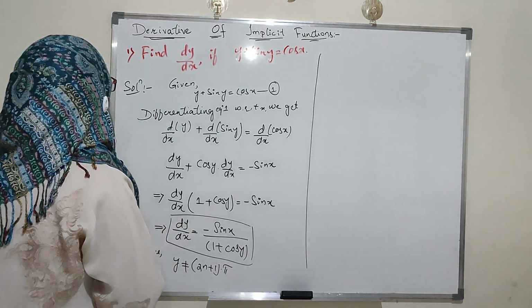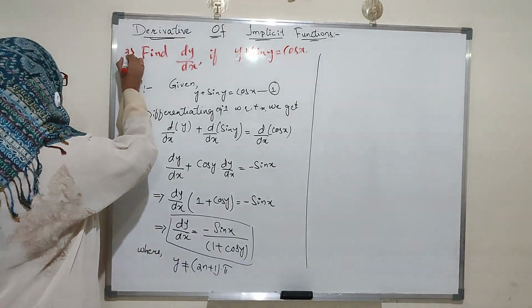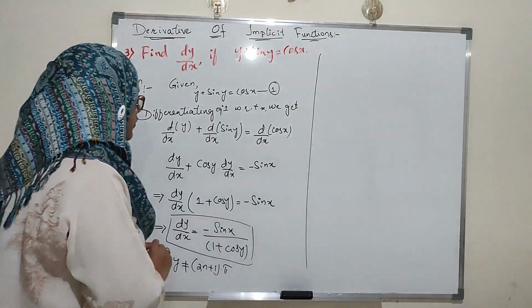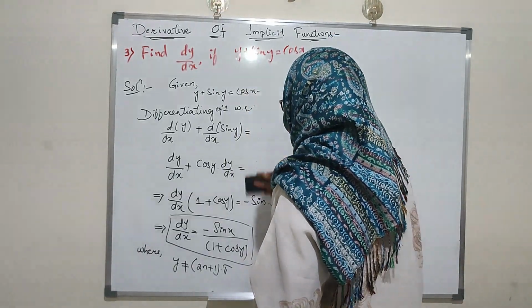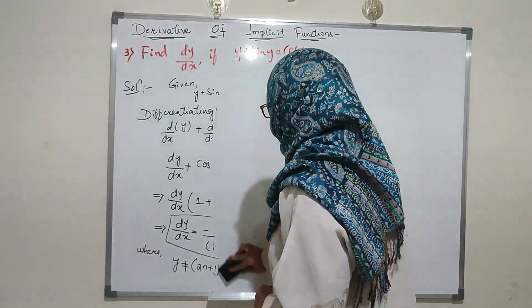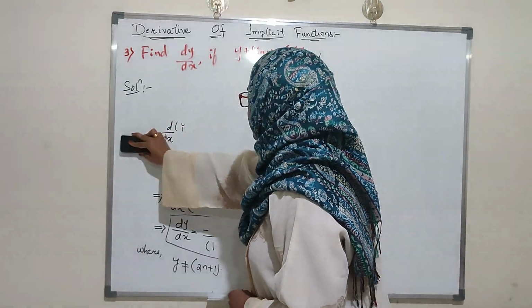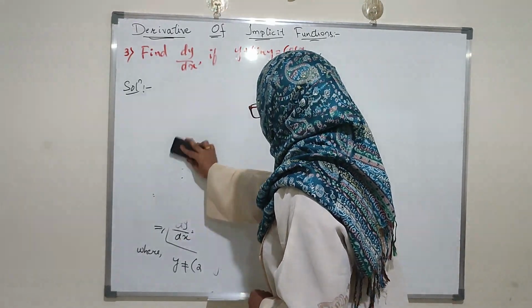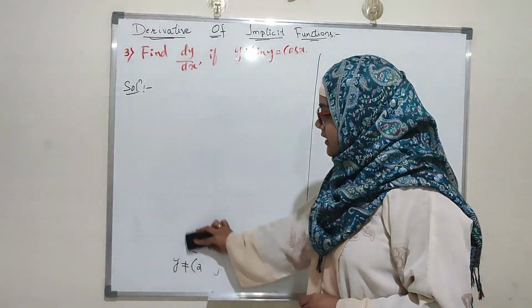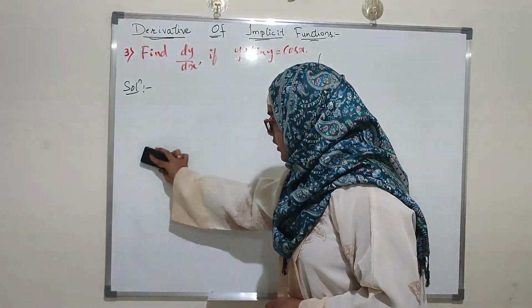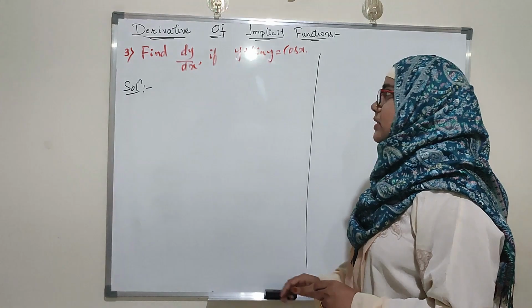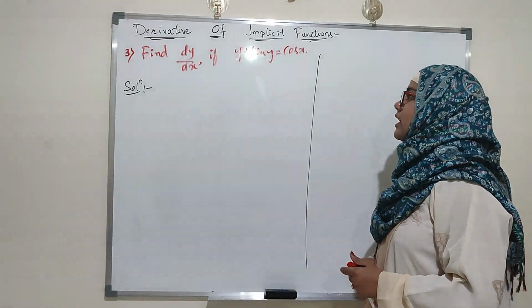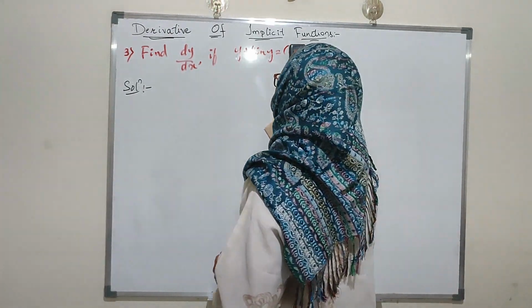Now write the third example. Now write down dy by dx if... it is also easy if you know the differentiation of trigonometric ratios and the differentiation of algebraic terms, then you will get the answer.